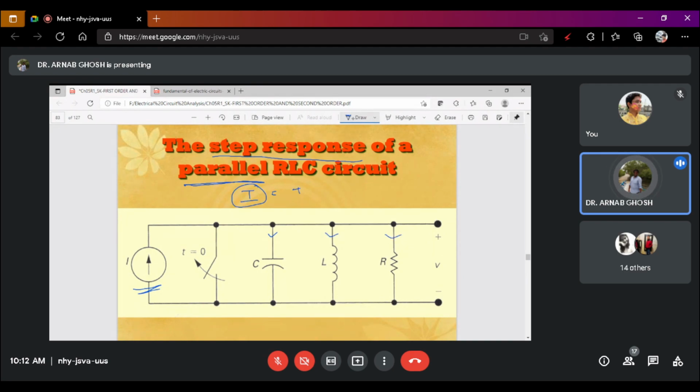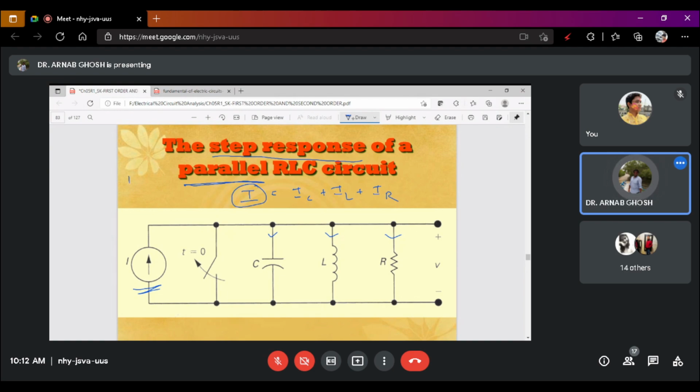So your I will be divided across IC, IL and IR. That is why when I am talking about a step response of a parallel RLC circuit, I will concentrate on I.